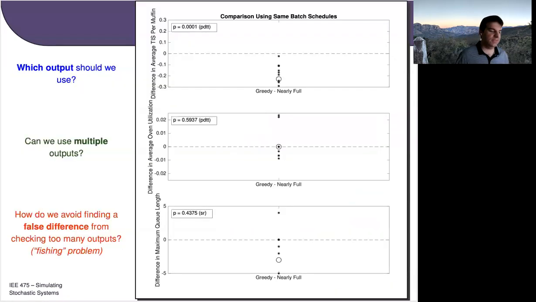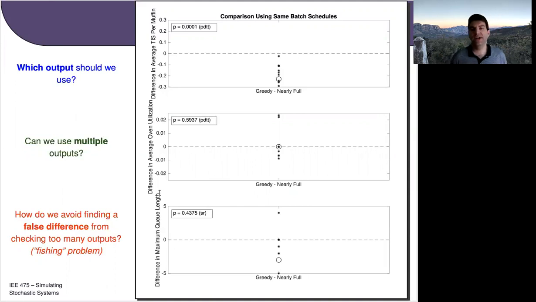All right, the only other things that I wanted to hint on here, the last couple slides, are other complications that we will talk about later in the semester, that I think are very realistic as you think about real systems: choosing the output. There were outputs that we could have used: average time in system, average oven utilization, and maximum queue length.